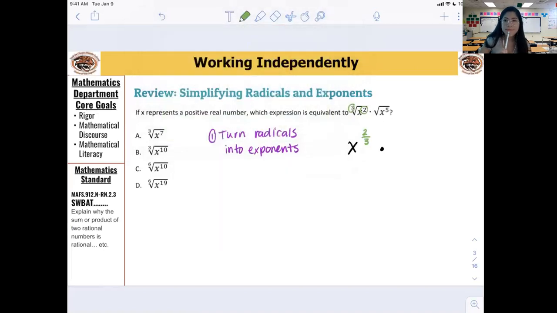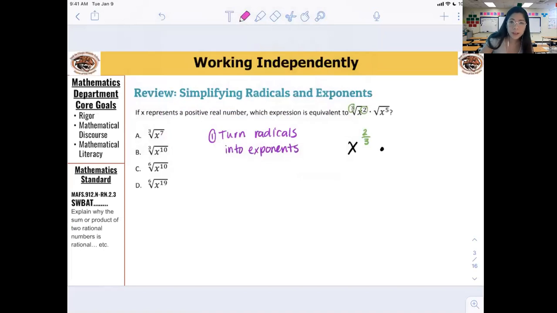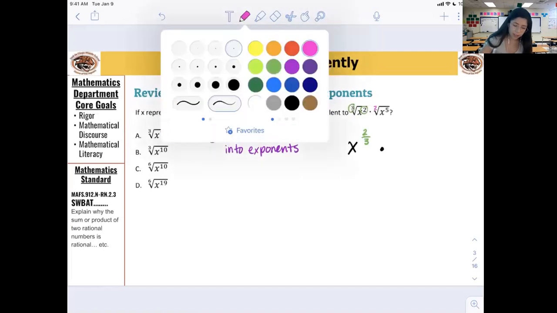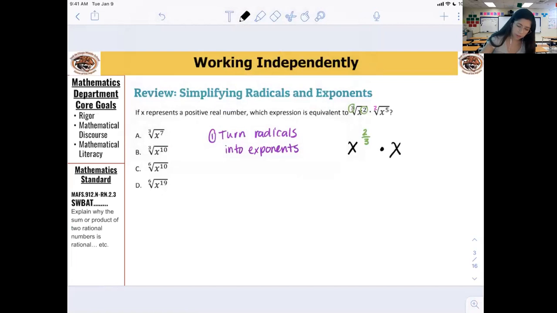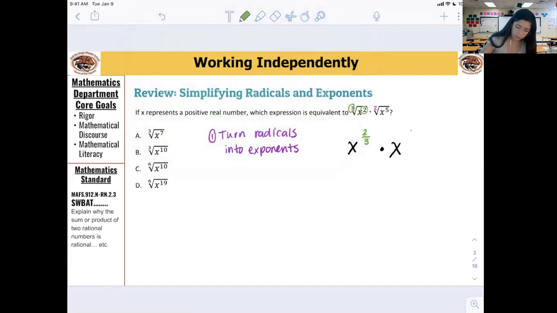What's missing? The denominator, but it's gonna be 2 because of the square root. Good. So remember, when there is no number on the balcony, there's a 2 there. It's just invisible. So like Ajira said, that's the denominator. So we end up with x to the power of 5/2. Questions on that first step?